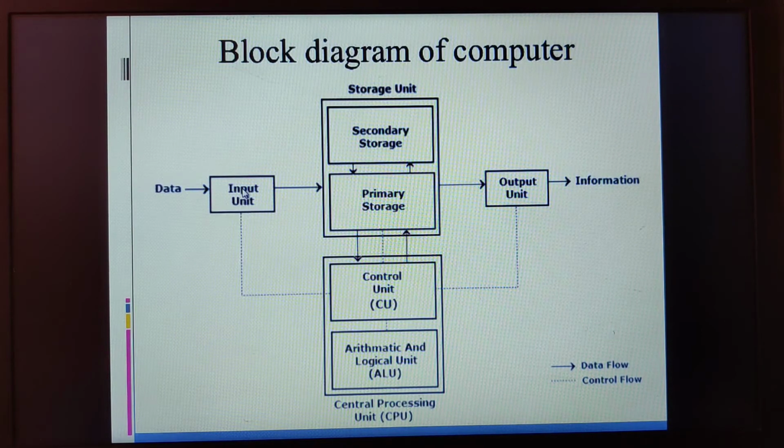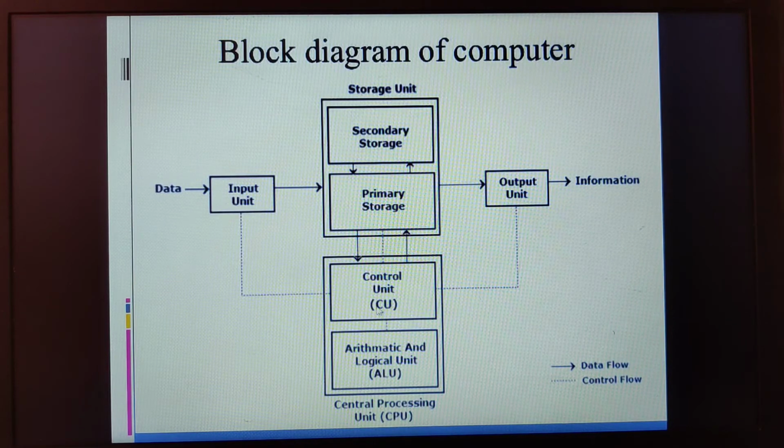Moving on to the next, very important unit, the central processing unit, CPU in short. The CPU is the main part of our computer system that carries out the instructions of the program.